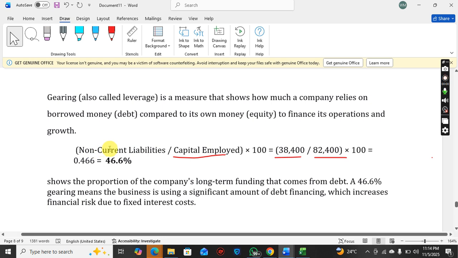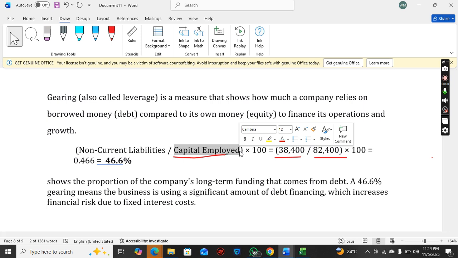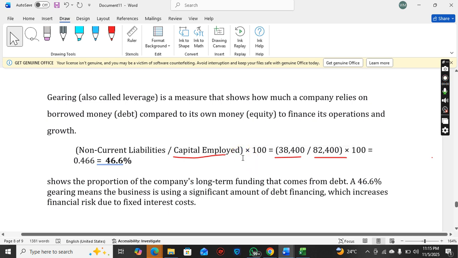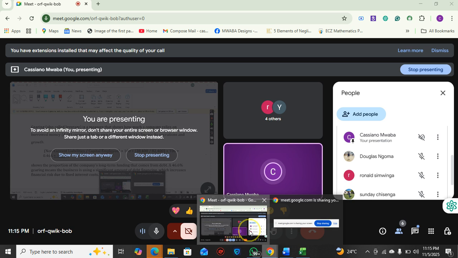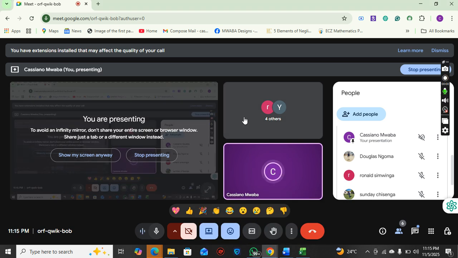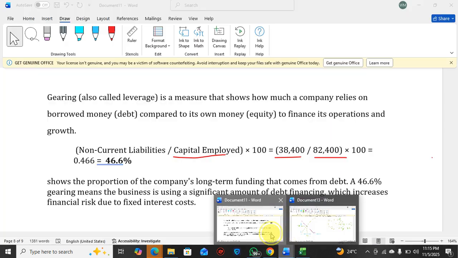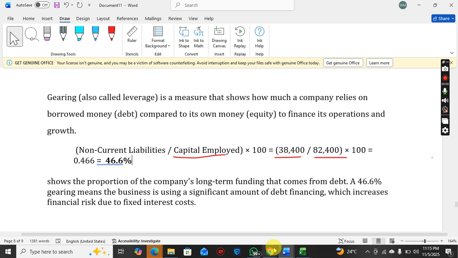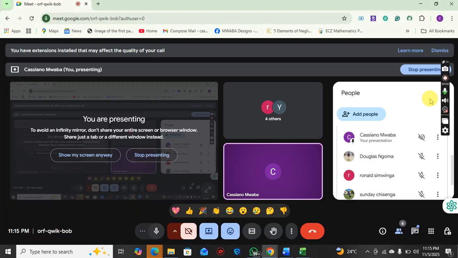This tells us that out of this capital employed, the money we're going to use for our business, 46.6% is debt. It's money that we owe. The remainder is equity. So that's a good thing. If you're using more of your own money than borrowed money, as I said, to investors that is a good thing. Any questions, colleagues?